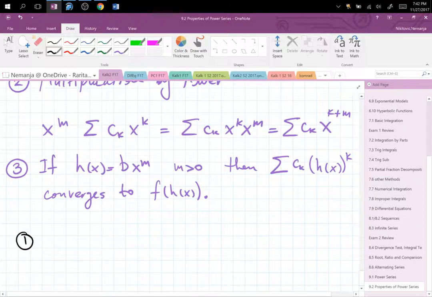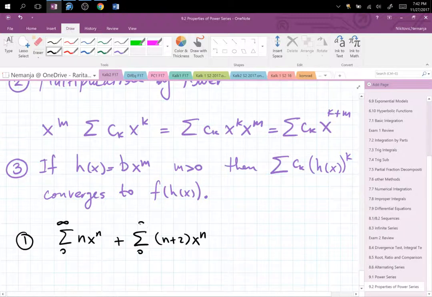So number 1, if I have a summation of n x to the n, and then I add to that the summation of (n plus 2) x to the n, and they both start at 0 to infinity, the result is 0 to infinity, and then I have my (n plus 2) x to the n.